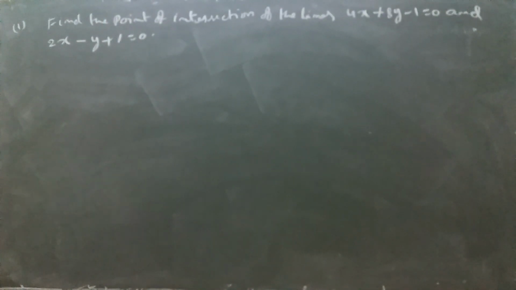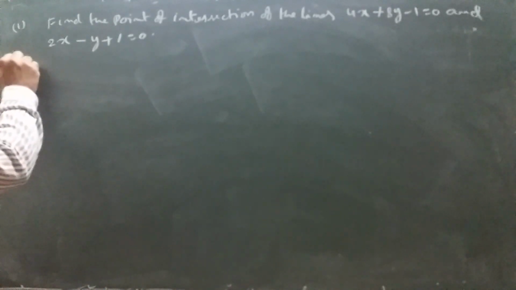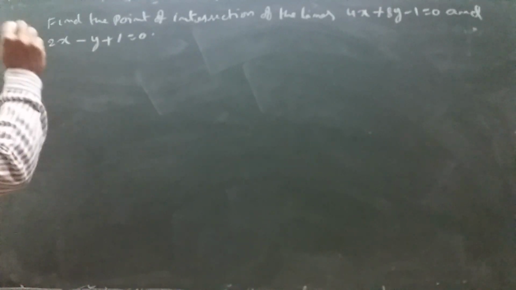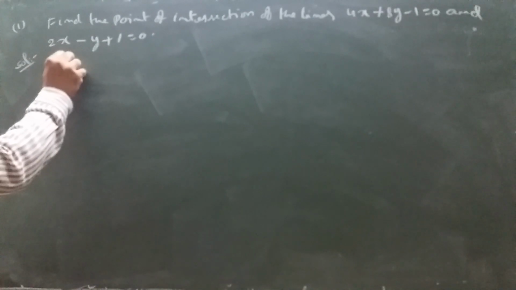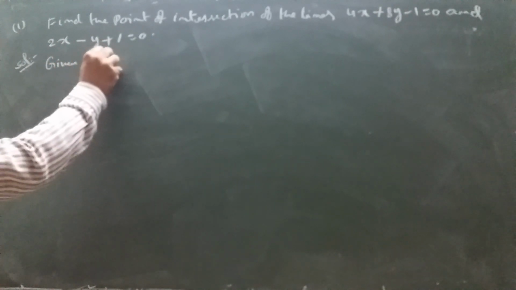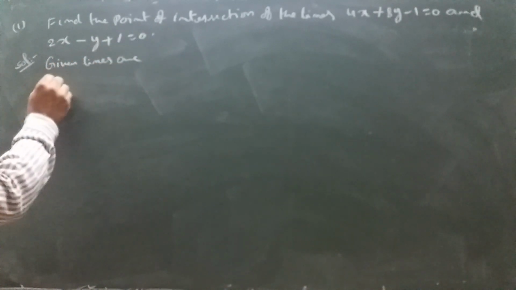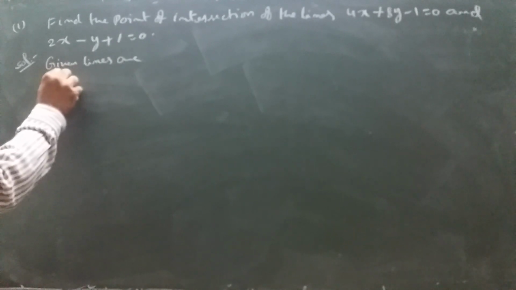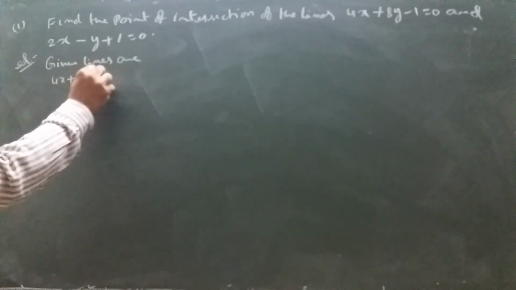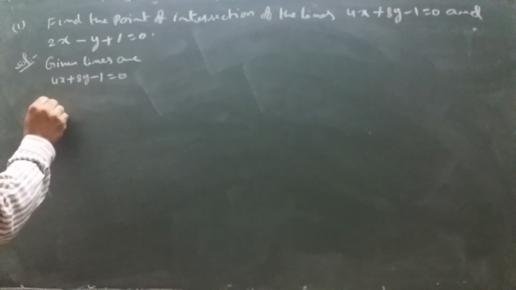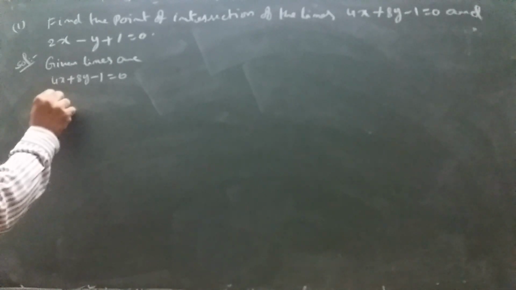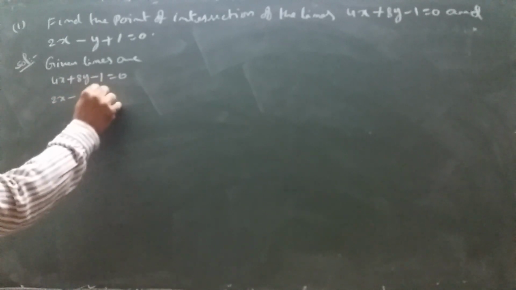Two straight lines are given. Solution. Given lines are, first one is 4x plus 8y minus 1 is equal to 0. Second one is 2x minus y plus 1 is equal to 0.